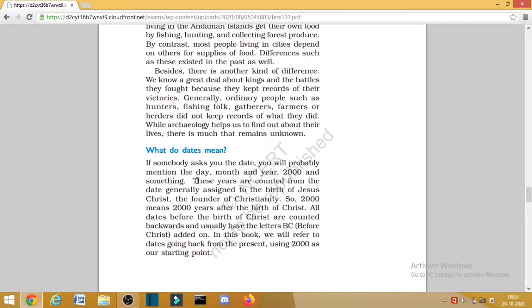These years are counted from the date generally assigned to the birth of Jesus Christ, the founder of Christianity.